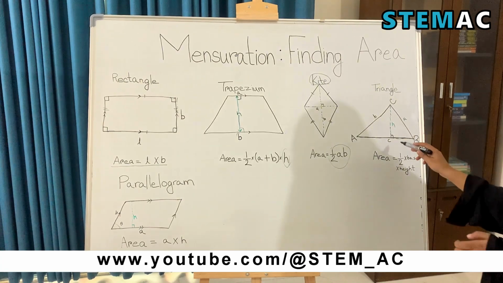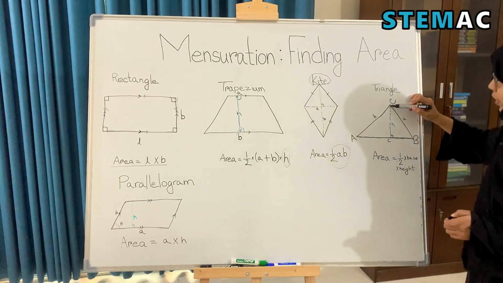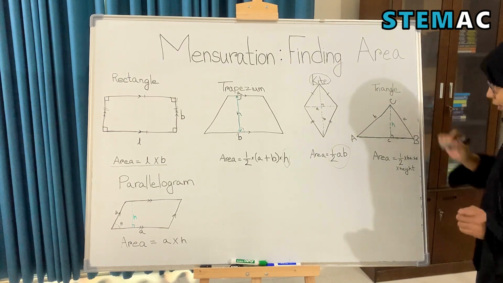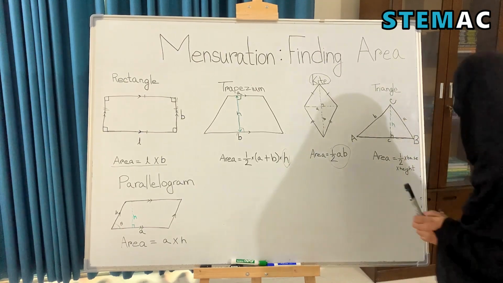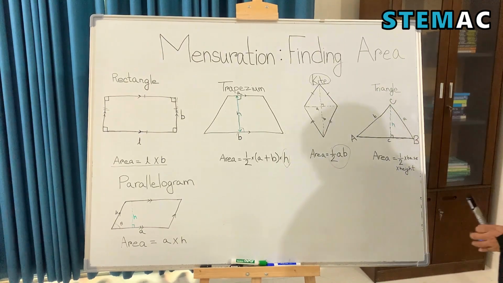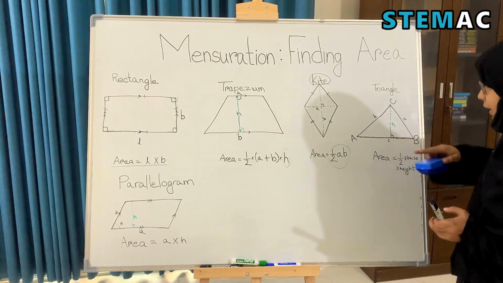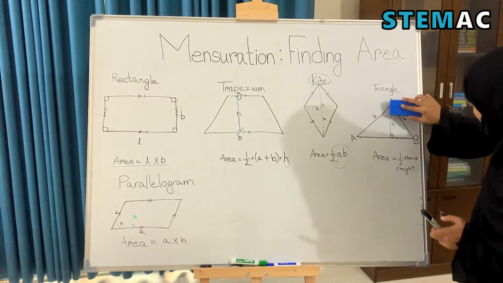So, the area in this case would be half into C into this perpendicular height, H. Sometimes in exams, this side might not be given. Let us say only this side is given.